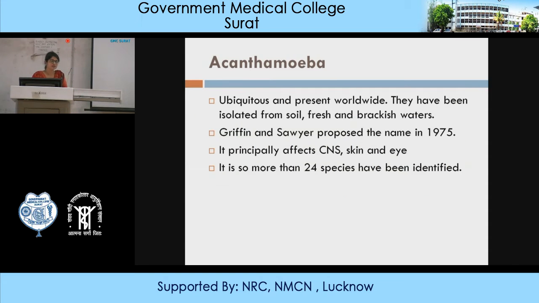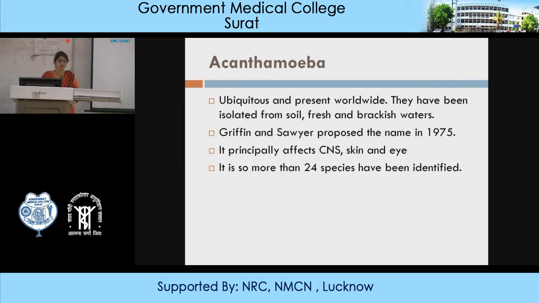Moving to Acanthamoeba, which is the second most common free-living amoeba, which is ubiquitous and present worldwide, and it is present in the soil, fresh water, and brackish water. It basically infects the CNS, skin, and the eye, and more than 24 species have been identified.